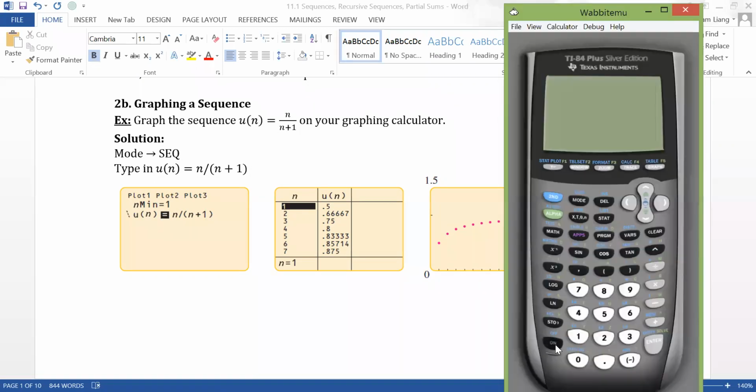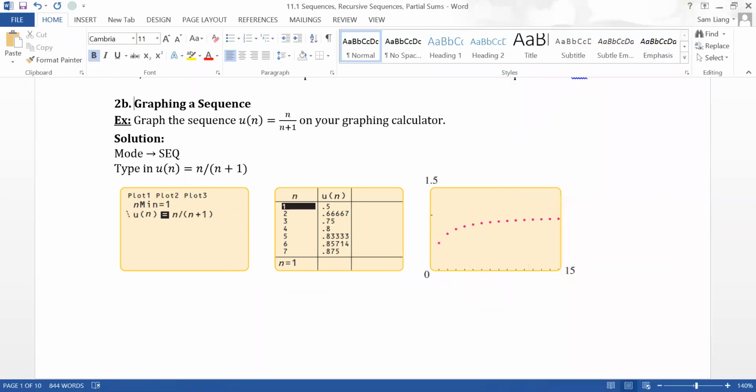So as you see here, let me restart this. But yeah, you're going to change the mode to sequence. So that's denoted by SEQ. And then we're going to type in the formula, n over n plus 1. And then from there we can graph. Okay. Let me see if we can open up this calculator.